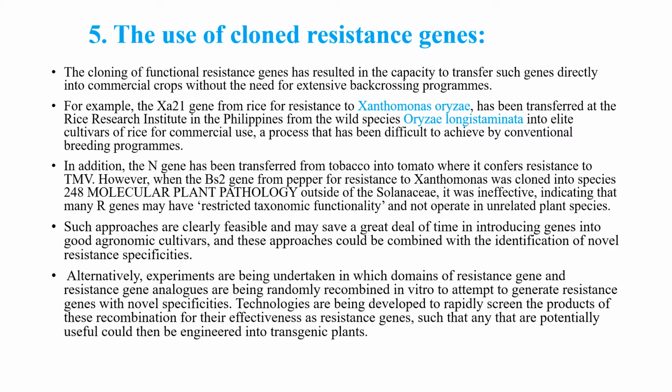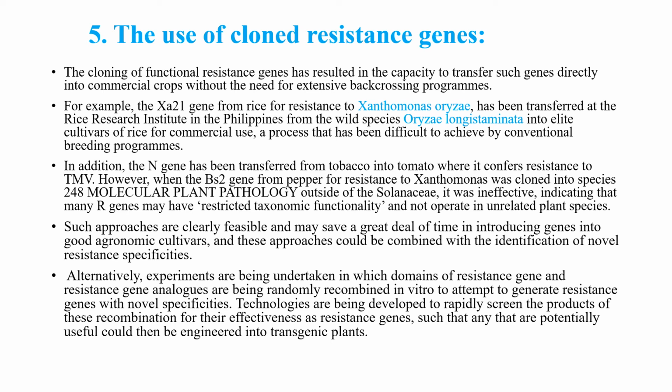The fifth one will be the use of cloned resistance genes. The cloning of functional resistance genes has resulted in the capacity to transfer such genes directly into commercial crops without the need for extensive back-crossing programs.